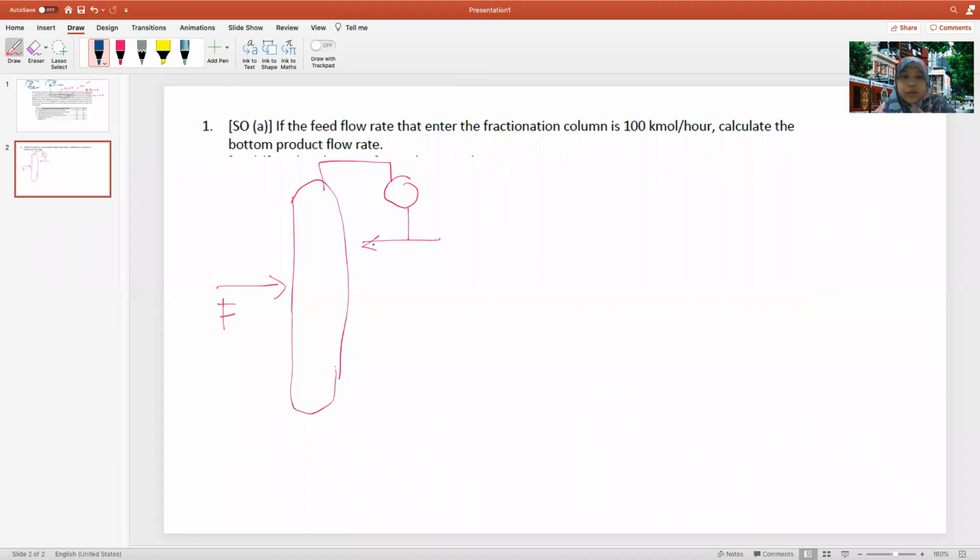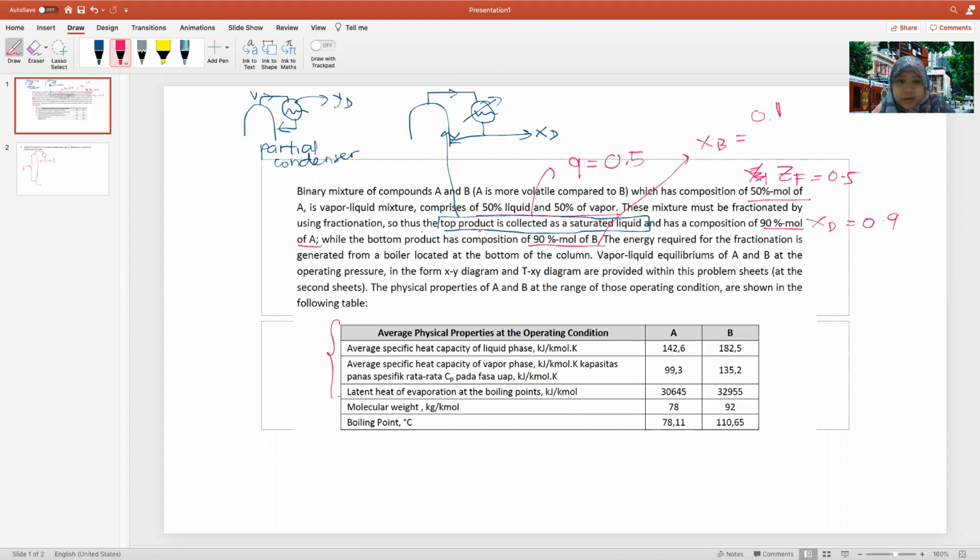So I'm gonna write it as a total condenser there, and then we have the distillate. At the bottom here, do we have any information about the reboiler there?